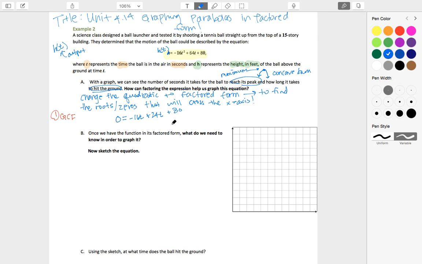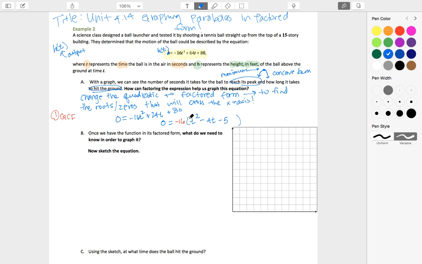So here we can go ahead and write this as 0 is equal to, we're going to factor out a negative 16. And so this will become, oh, this is t squared. This will become t squared minus 4t minus 5.